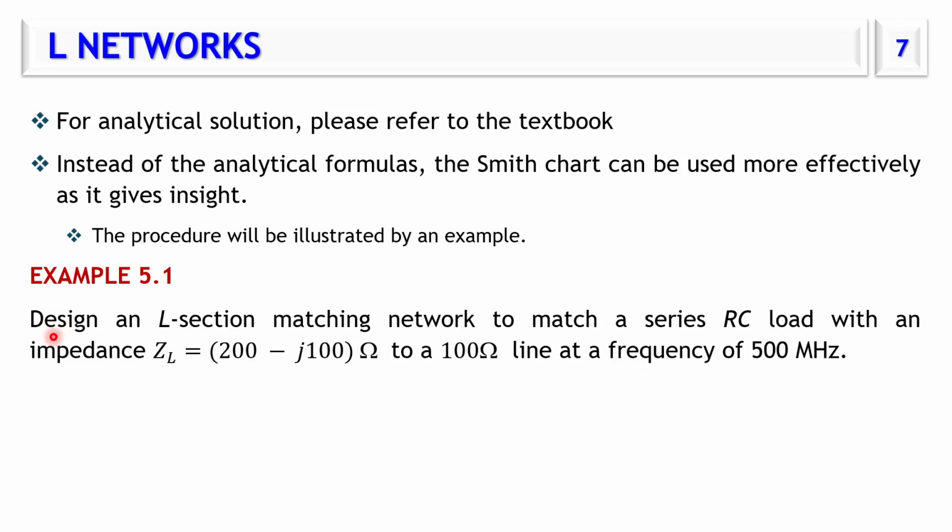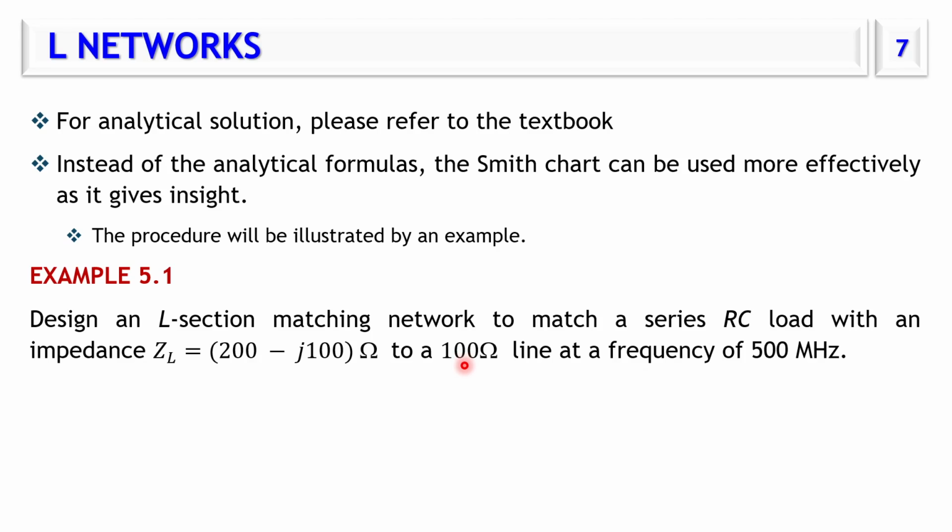It is required to design an L section matching network to match an RC load. We have a load equal to 200 minus j100 ohm to a 100 ohm transmission line, and the frequency is 500 megahertz.